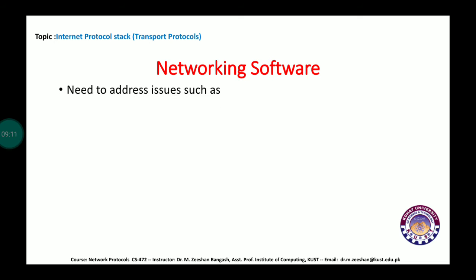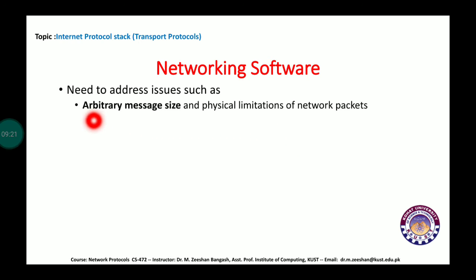Now, about the networking software. There are some issues that need to be addressed, particularly the arbitrary message size, which is important because it can create a bottleneck. So that needs to be fixed, and the physical limitation of network packets is also one of the main considerations.